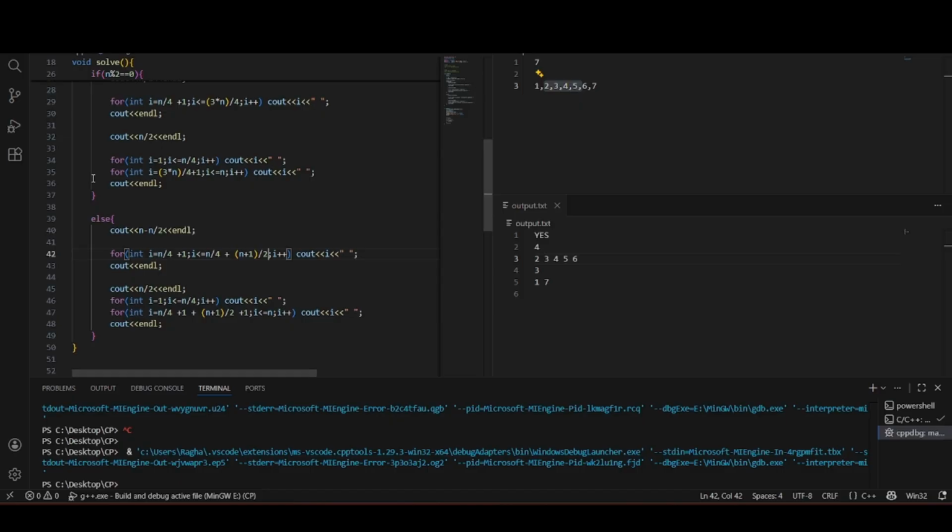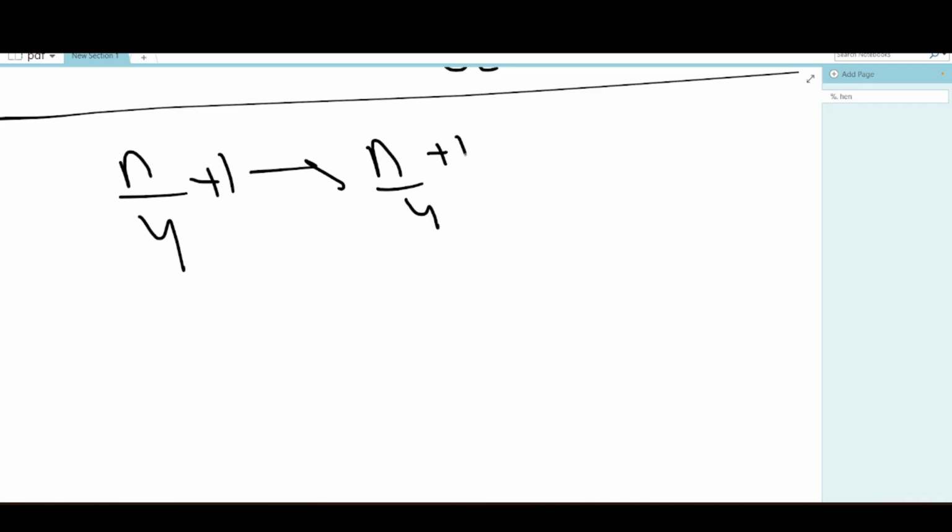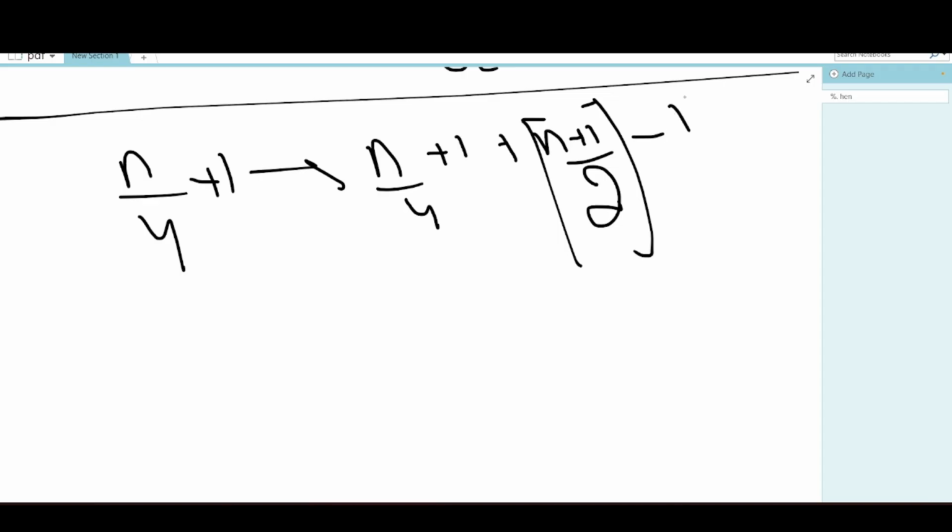So for the odd cases, it's simply n by 4 plus 1 till n by 4 plus 1 plus n plus 1 by 2. This is the ceil value which I am adding, and minus 1. Okay, so this is the minus 1.